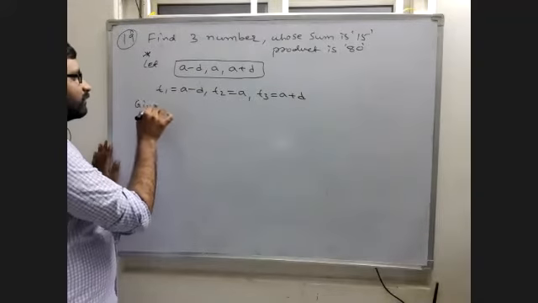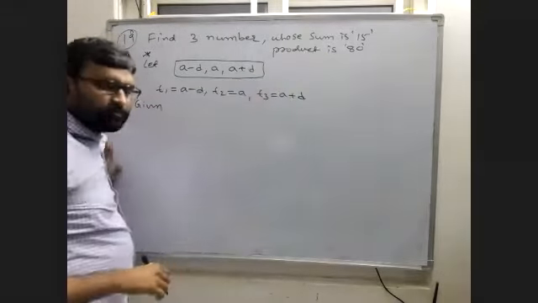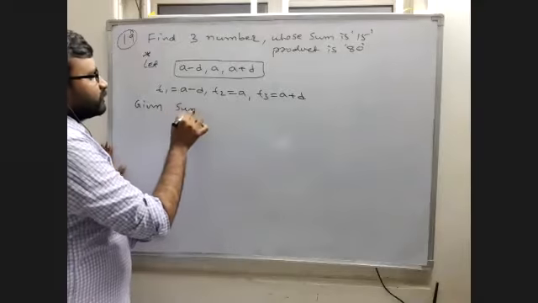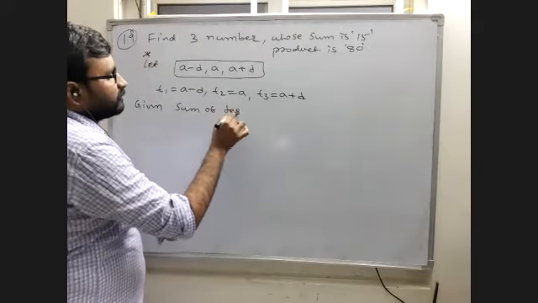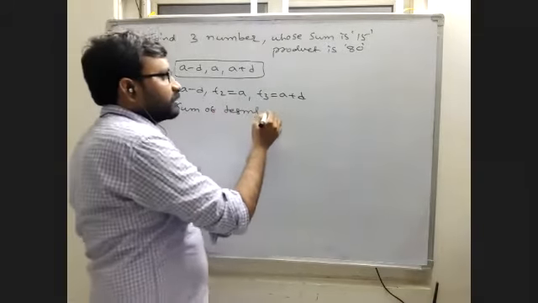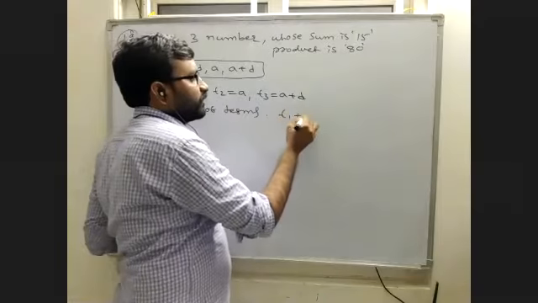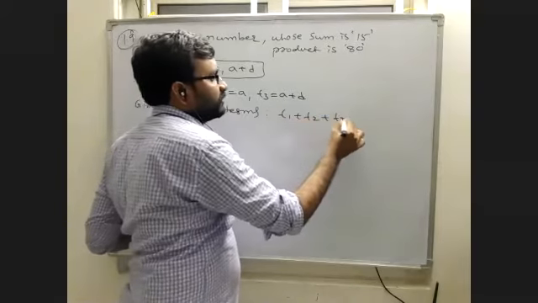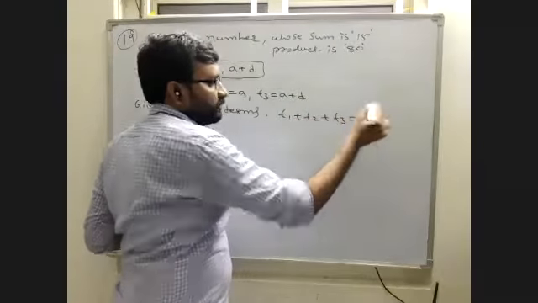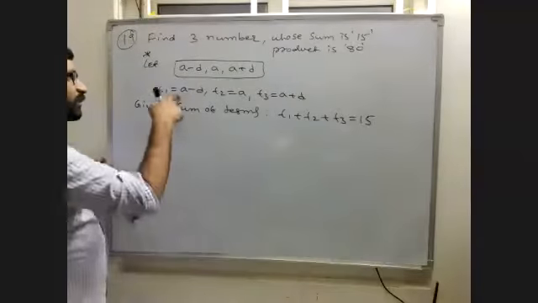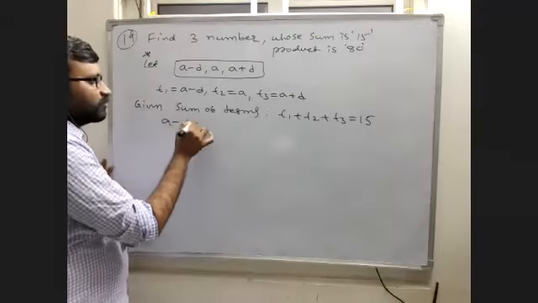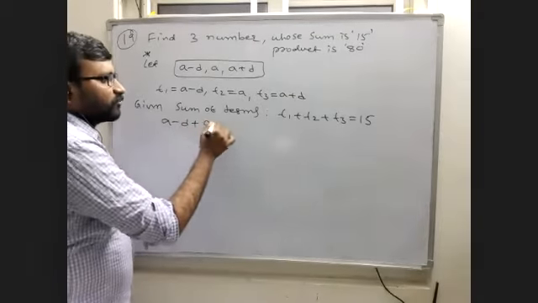Given sum is 15. Sum of terms, that is T1 plus T2 plus T3 is equal to 15. Then what is T1? A minus d, plus what is T2? A, plus what is T3?